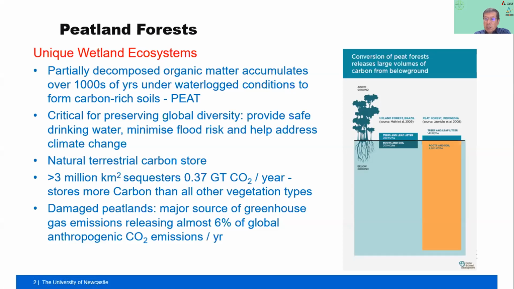For a typical upland forest, as you see in Brazil, the soil underneath only contributes about a few hundred tons of carbon per hectare, whereas peat forests, because of the deep peatlands, a few meters, 10, 20 to 50 meters deep, have stored at least 10 times more carbon per hectare.